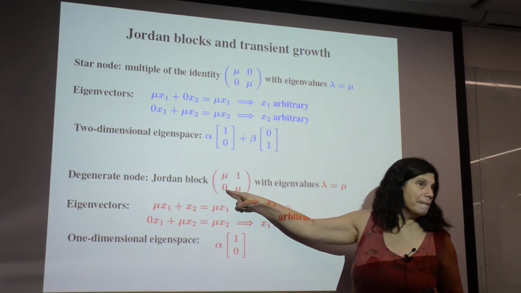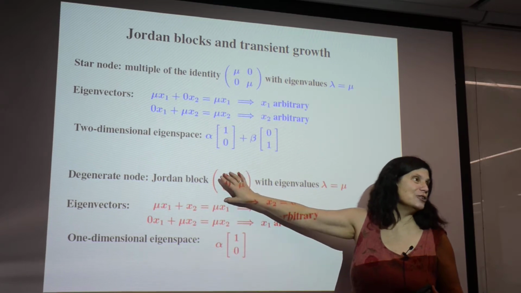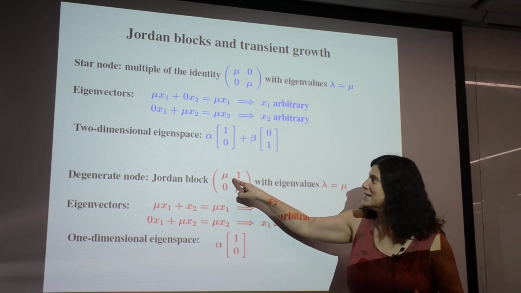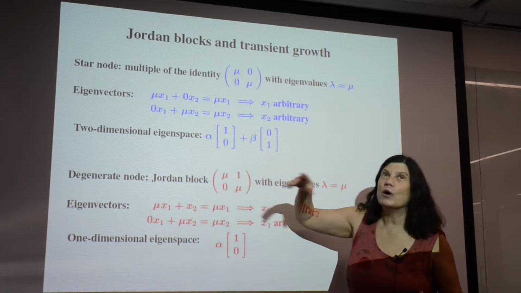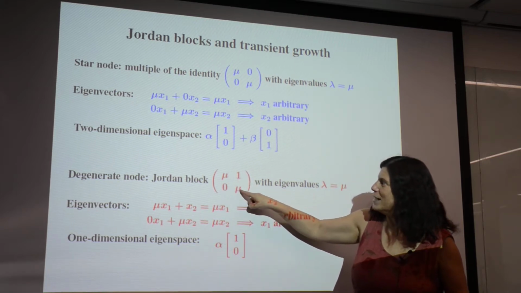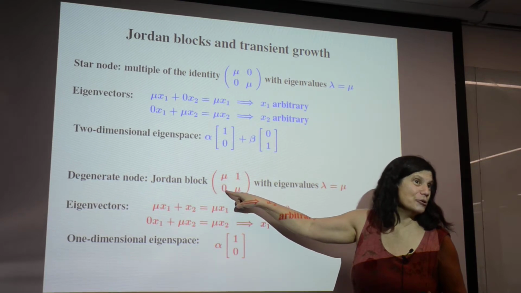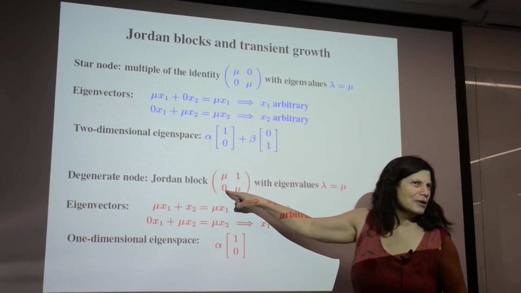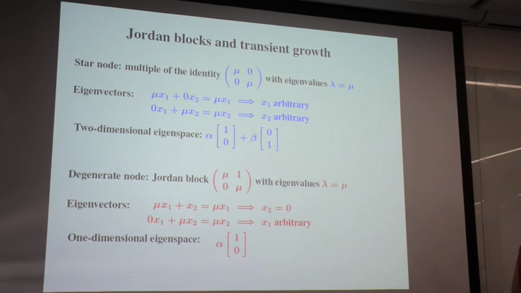Everybody agree with me? If you were looking for the eigenvalues of this, when you find when the determinant of mu minus lambda, 1, 0 is 0, isn't that what you do? I don't see everybody nodding here. Right? Okay.